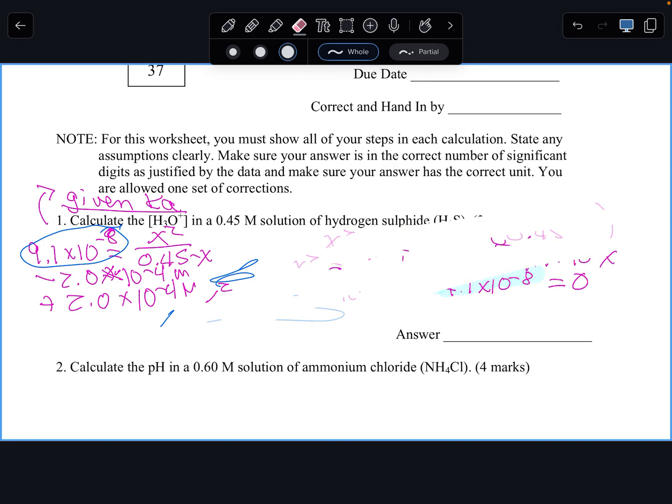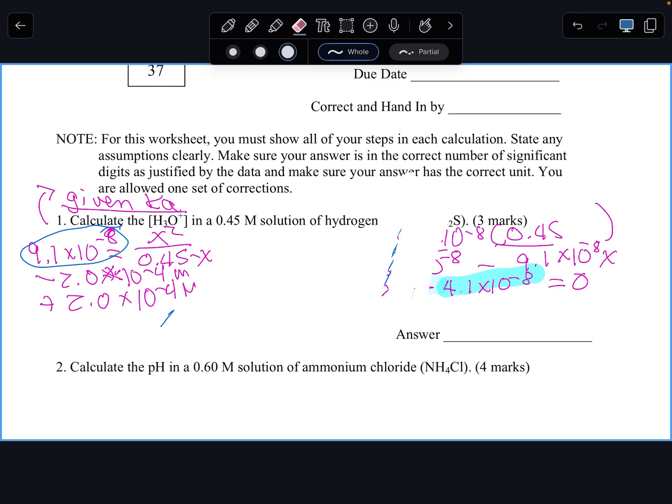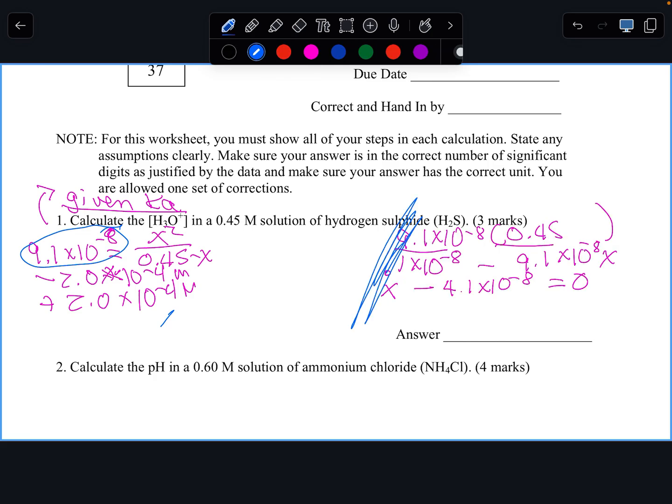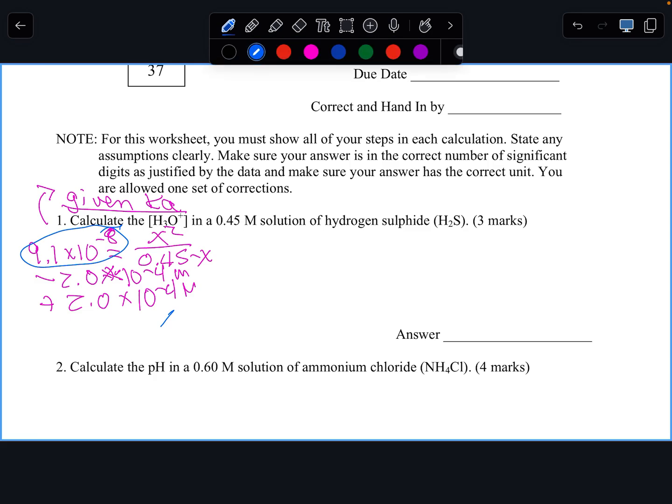So our new equation, when we get rid of all this, is going to be 9.1 times 10 to the minus 8 equals x squared over 0.45.